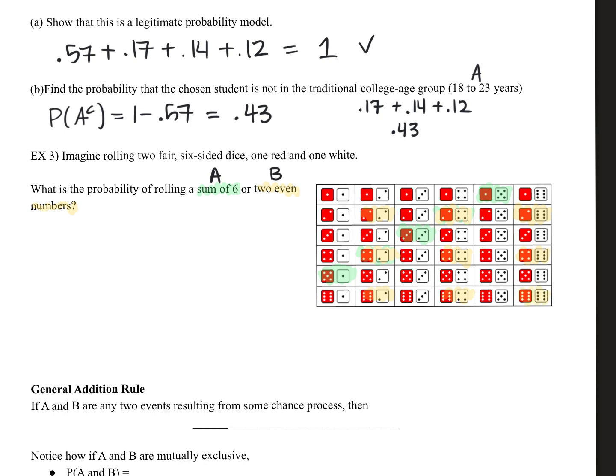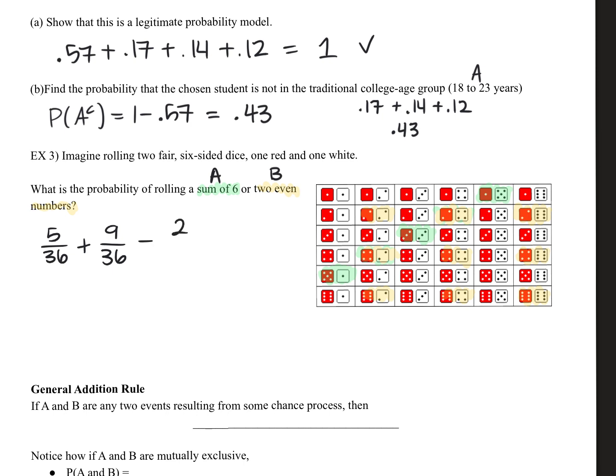Now in this case, I had some overlap, which means I can't just do my regular rule. My normal rule would say the probability of A plus the probability of B. So the probability that you get a sum of 6, if we look in our diagonal, was 5. If I just took my two even numbers, that is 9, but what's happening here is I'm counting some of the events twice, because there are two outcomes that are two even numbers which also give me a sum of 6.